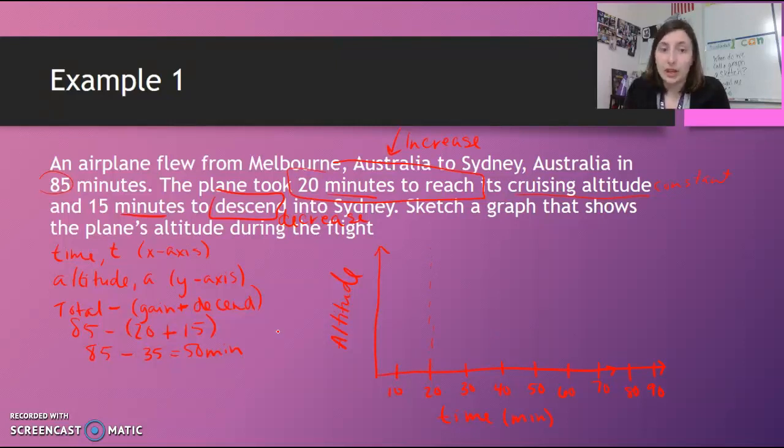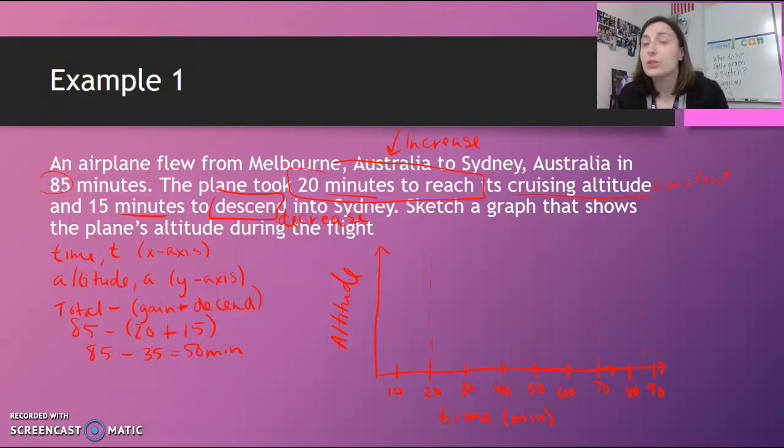And then I know from there we have a 50-minute cruising, so 10, 20, 30, 40, 50, so that would bring us to the 70. So I'm going to bring that there. And then 15 minutes descend, and we only are going for 85 minutes anyway, so 85 is where I have to end. And so those three lines just help me mark for when I do my drawing.